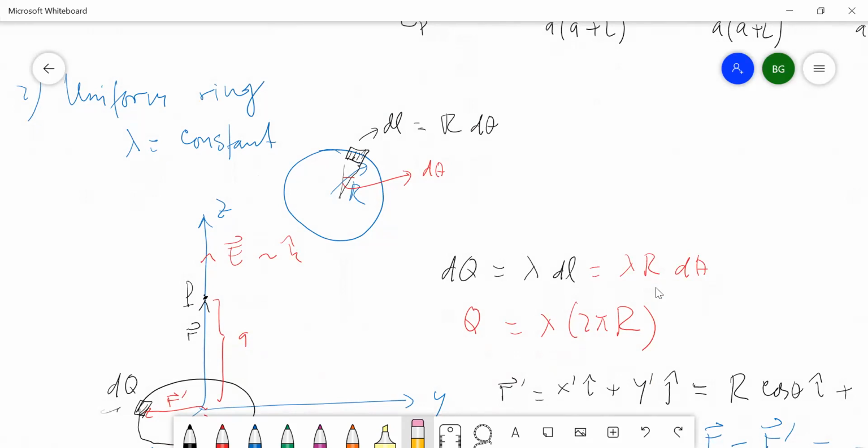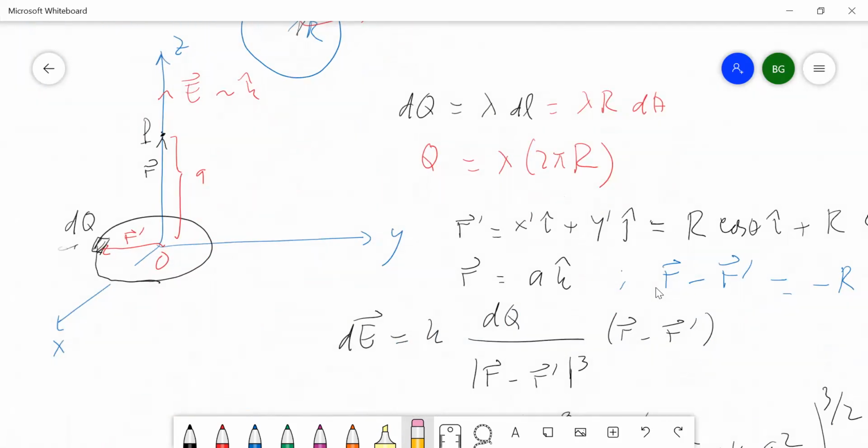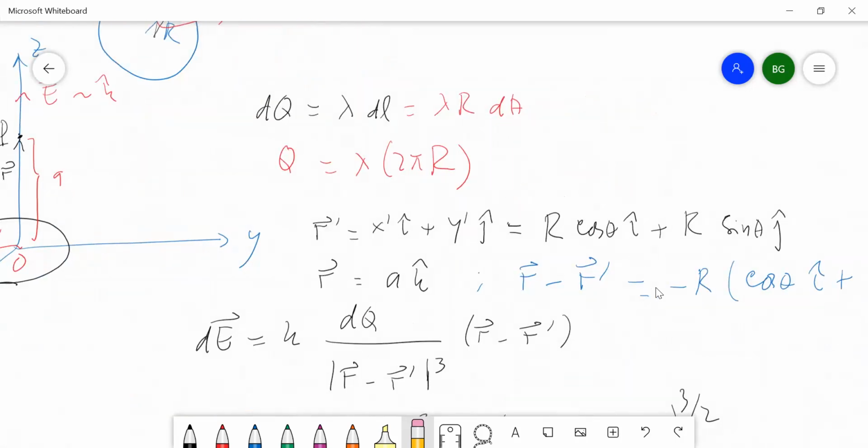Theta dari mana? 0 sampai 2π. Jadi muatan totalnya itu tinggal lambda kali 2πR, kelilingnya. Oke. Nah, ini jadi kalau R prime itu adalah dari O ke R prime di sini. Ini adalah x prime dengan y prime. Posisinya ada i topi dengan j topi. Oke.